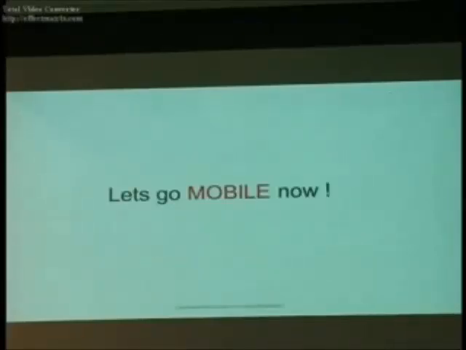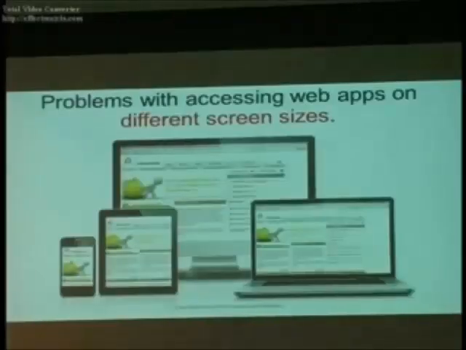Okay, let's go mobile now. I have to pull it up. They were one of our clients, Telugu Corporation. They had this site which was designed by one of the designers six years back. So this was the problem with them. The site had a web app behind it, and when users checked it on other screens, it used to break.